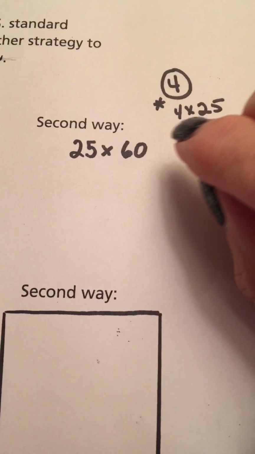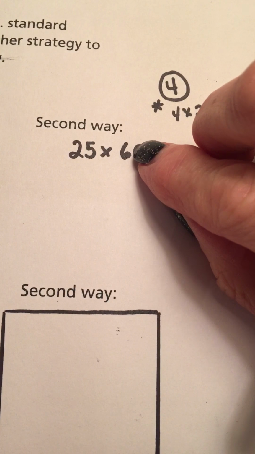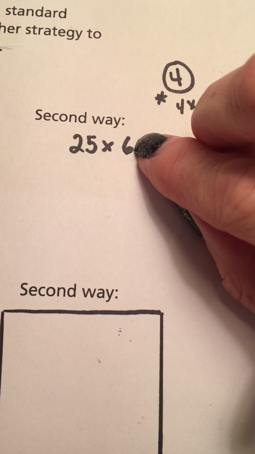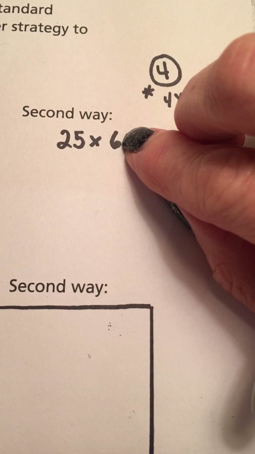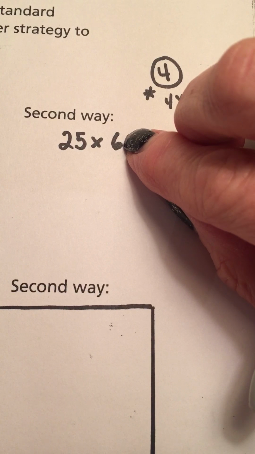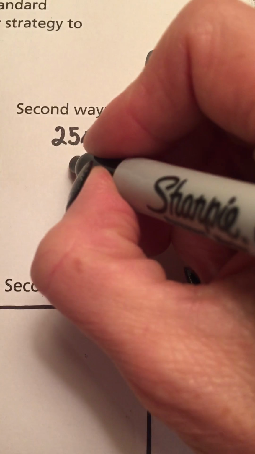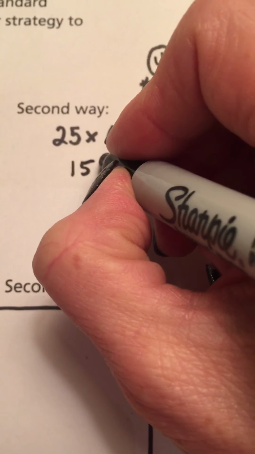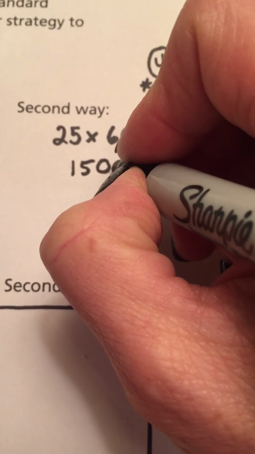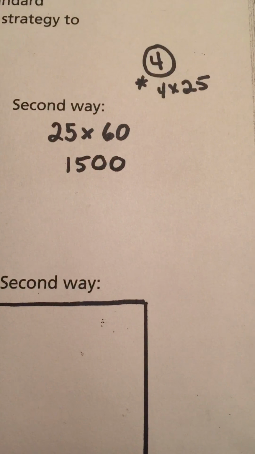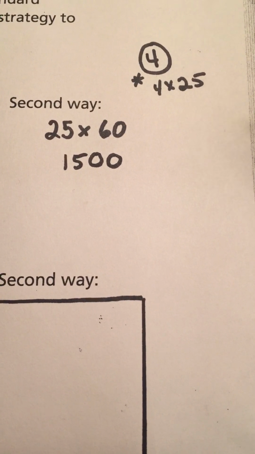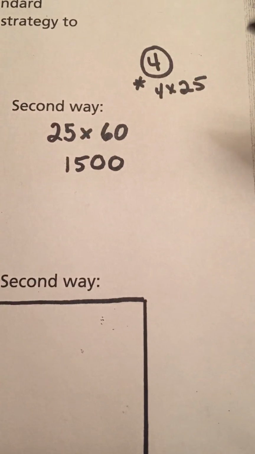So what I'm going to do here is I'm just going to cover up the 0 with my finger, because I know that 25 times 6 equals 150. So if I know 25 times 6 equals 150, I'm just going to add that extra 0 on there, and I have 1,500. It's pretty close.